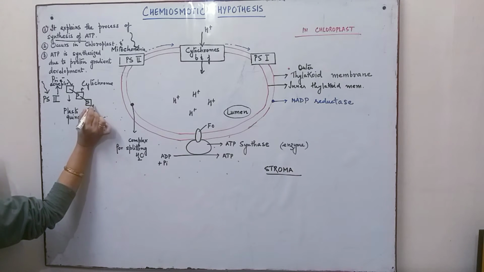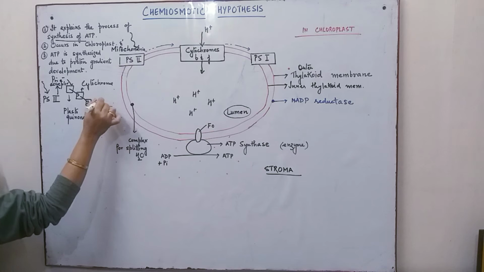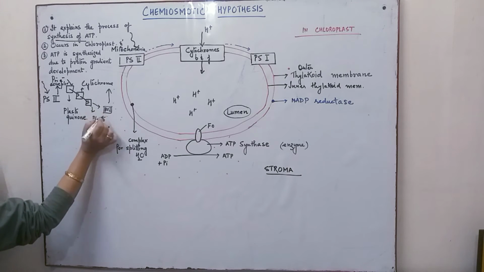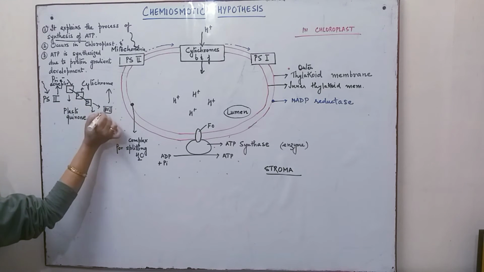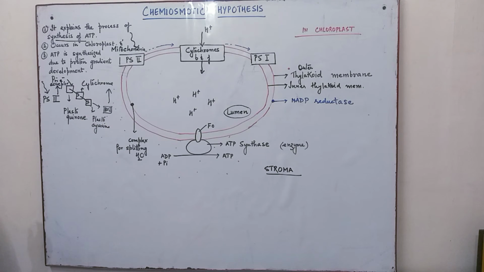From here, the electrons are passed to PS1, where, due to excitation through light energy and the electrons received, it again has a primary electron acceptor. There is another one for PS1.